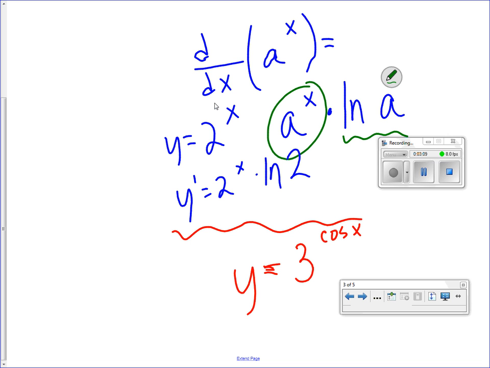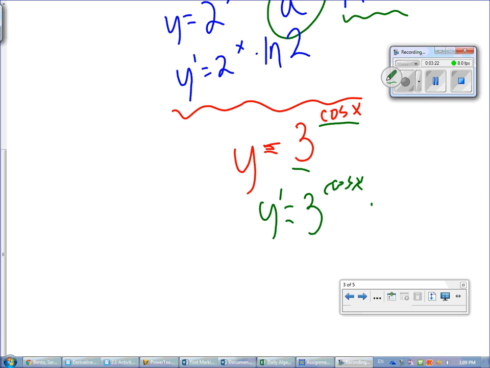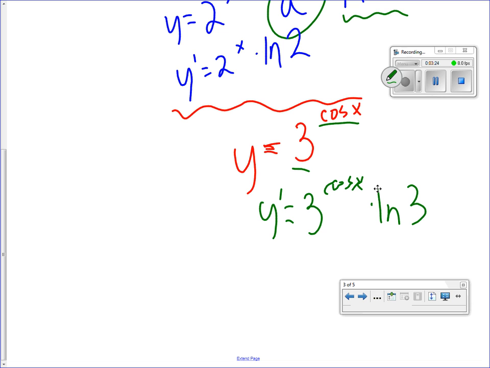So the parent function is 3 to some power. We derive that first. You keep it the same, and then you multiply that by the natural log of the base. So that's the mama function. Then you're going to take the baby out, and you're going to derive the baby. So that's negative sine x.